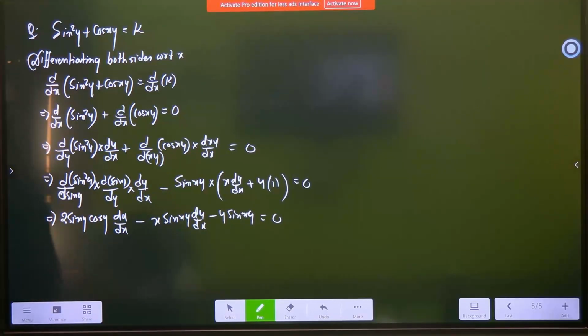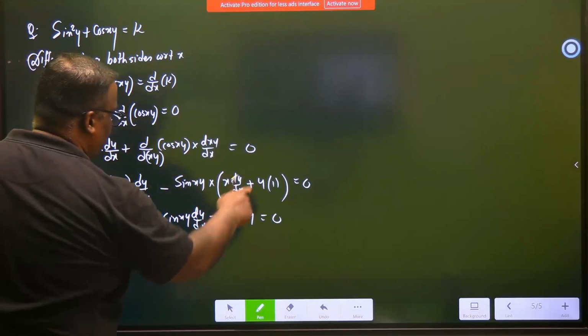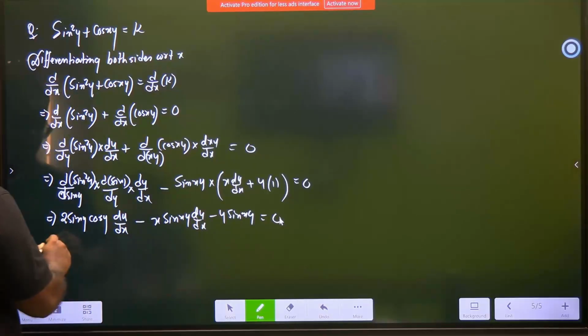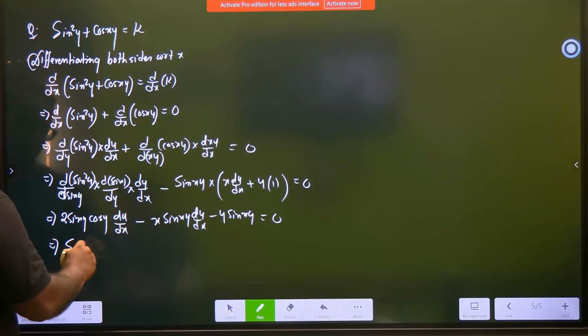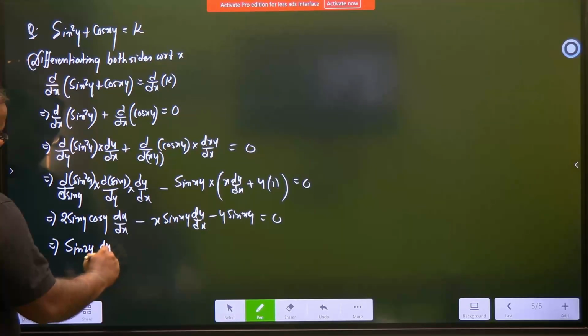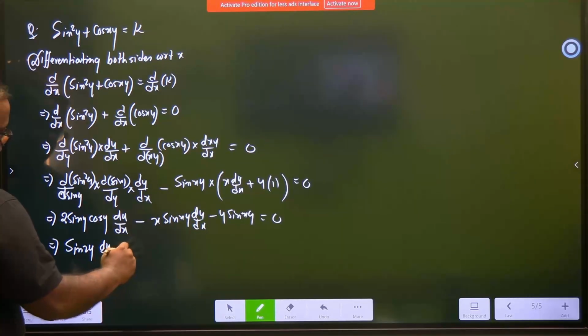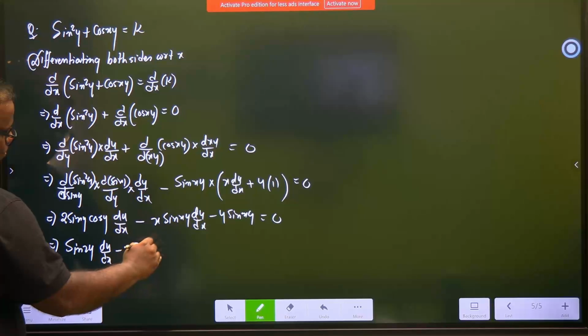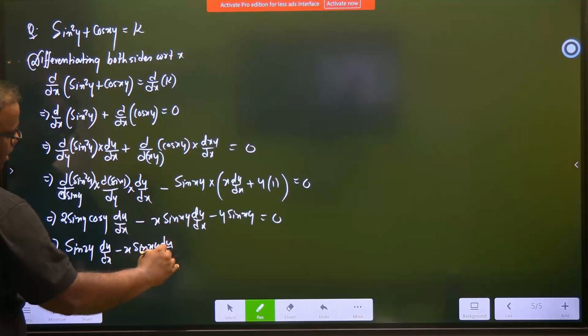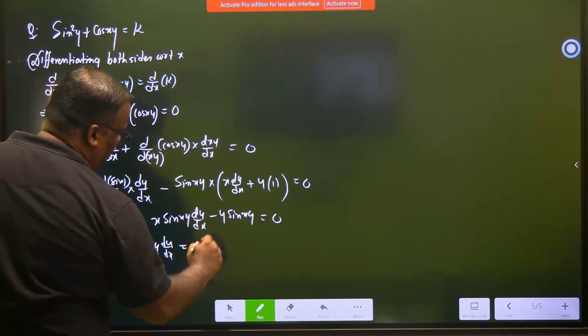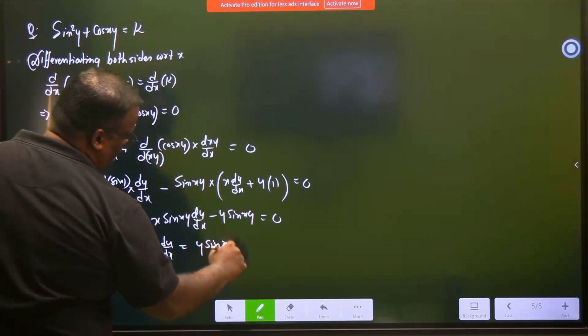Clear? This is sin 2y, since 2 sin theta cos theta is sin 2 theta. So sin 2y dy by dx minus x sin xy dy by dx is equal to y sin xy.